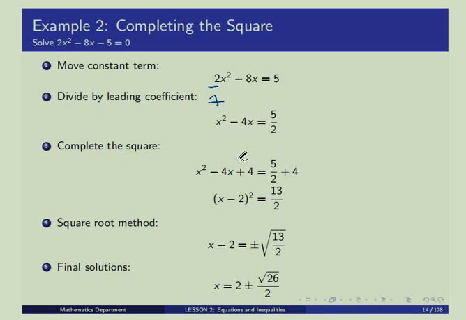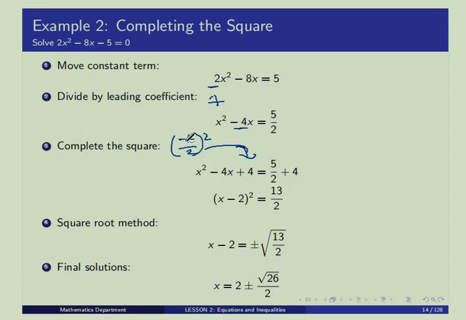And then from there, you add to both sides this guy, and where is this guy coming from? You look at the coefficient of x, you divide the coefficient of x by 2, then you square it to get this guy that you are adding to both sides, so that you get a perfect square.